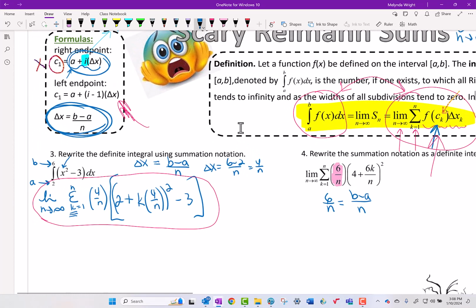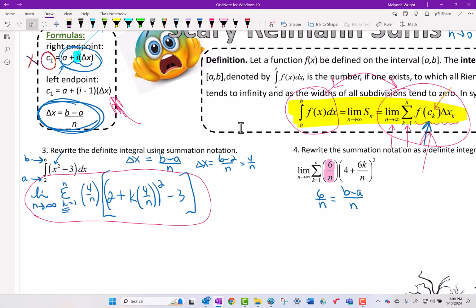Okay? And what is this? That's this. See, that number is that. And what is that? That's a. Okay, so 6 over n equals b minus 4 over n.